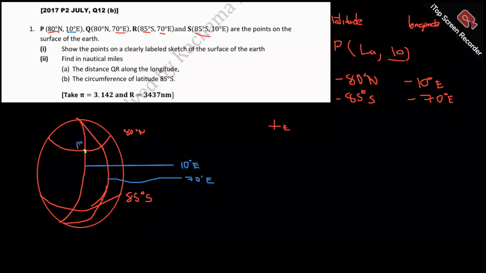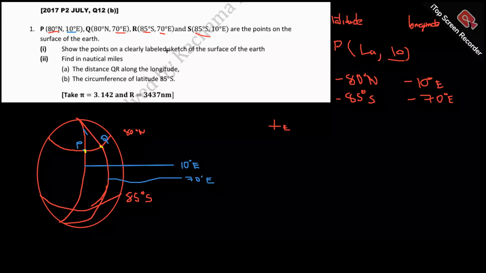What about Q? Q is also along the latitude 80 degrees north. The longitude is 70, so it's going to be here. Where they're intersecting, that's where the position is. So this is point Q.